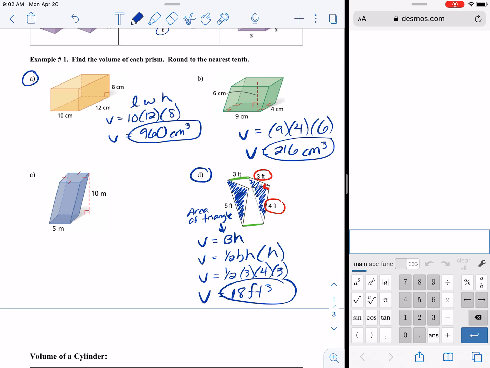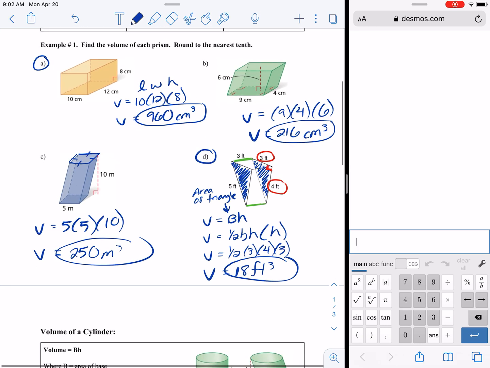For C, this would be a square prism because the two bases are squares. So the volume would be 5 times 5 for our base, times a height of 10. So the volume of this square prism is 250 meters cubed.